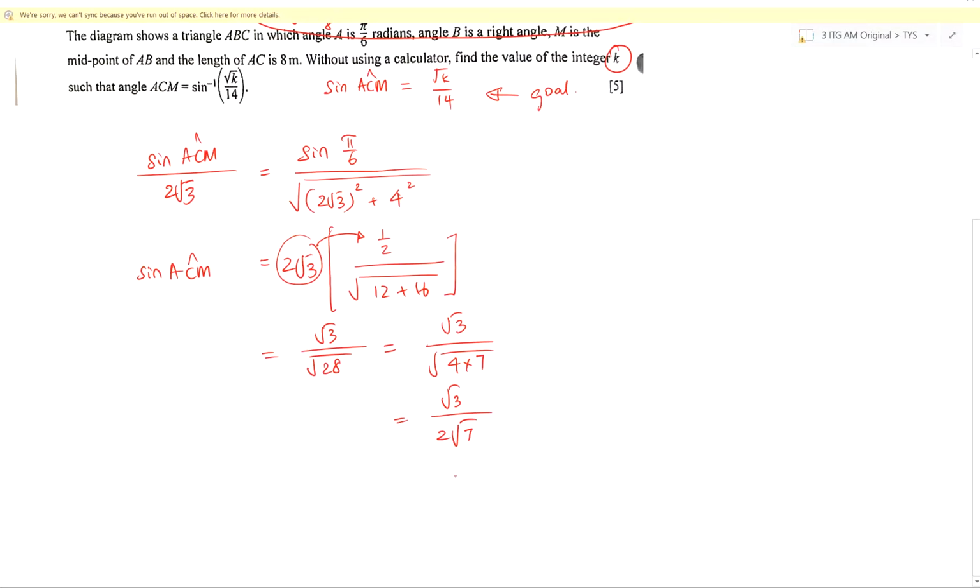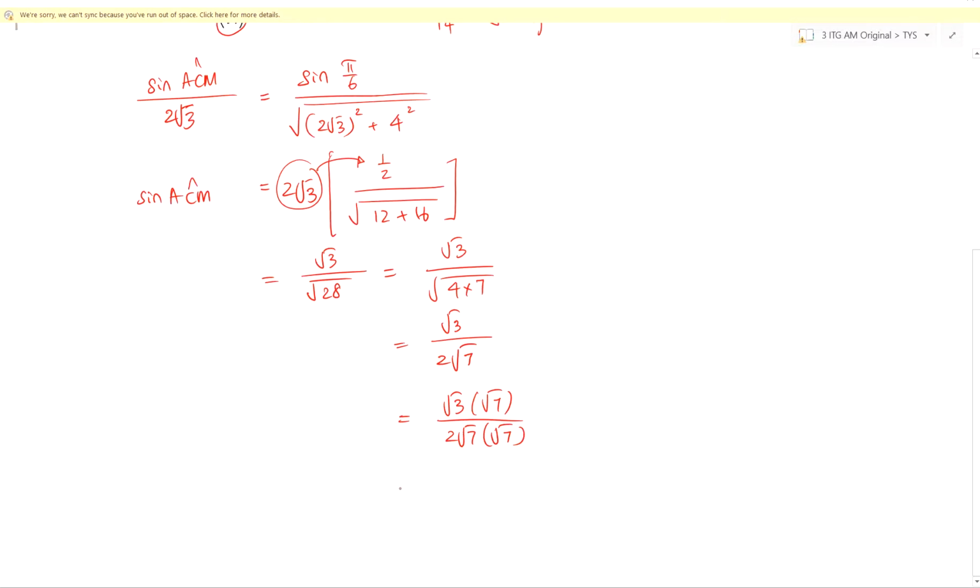Now our goal is to make the denominator equal to 14. So in order to make this equal to 14, I don't want this square root symbol. So what I can do is to multiply both numerator and denominator by another root 7. So in the numerator we are going to have square root 21. In the denominator it will be 2 times 7.